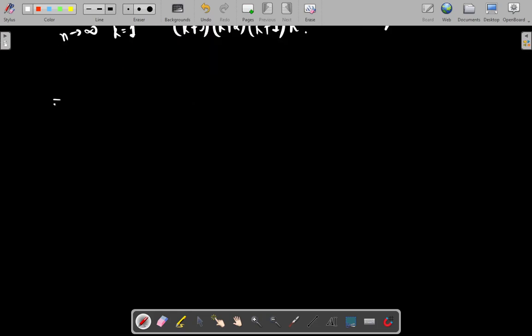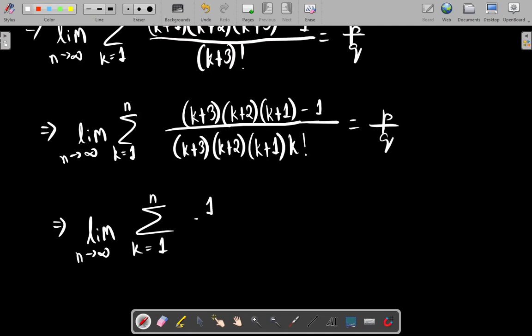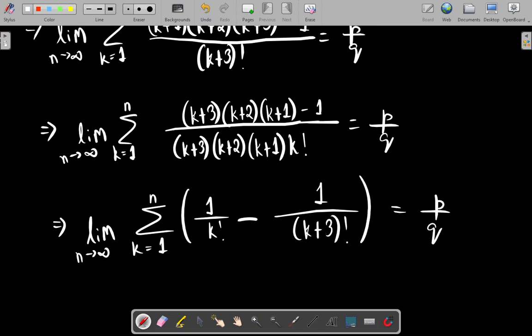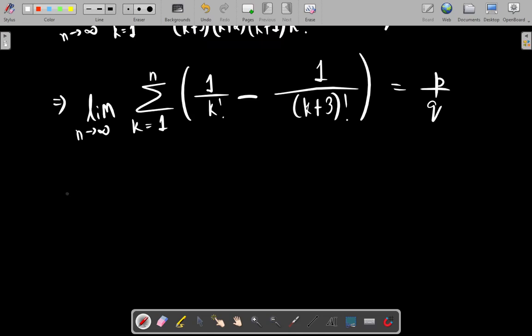Okay, so if I separate them, with k going from 1 to n, this becomes 1 upon k factorial minus 1 upon (k plus 3) factorial. Now if I start putting the values of k in this expression, this becomes the limit as n tends to infinity of 1 upon 1 factorial minus 1 upon 4 factorial, the first term.